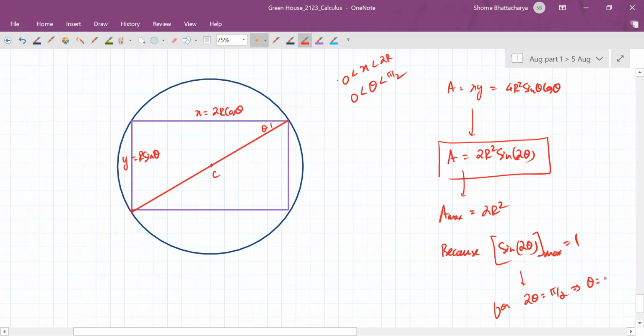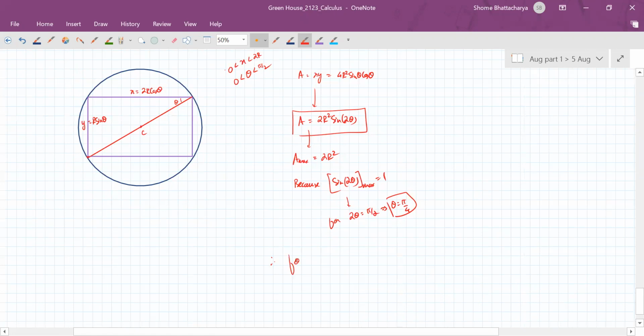That means theta equal to pi by 4 or 45 degrees. Therefore, for A to be maximum, theta should be equal to pi by 4. So x should be r root 2, and it should be a square.